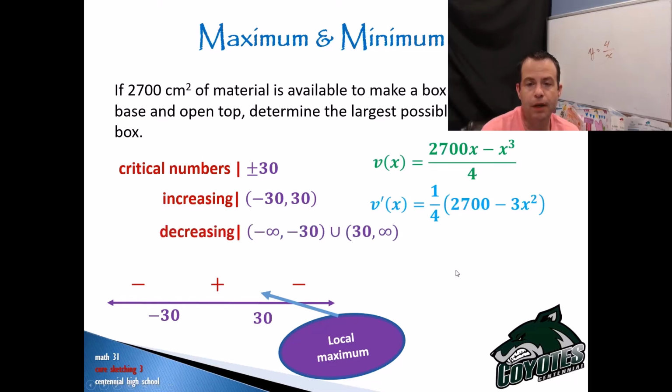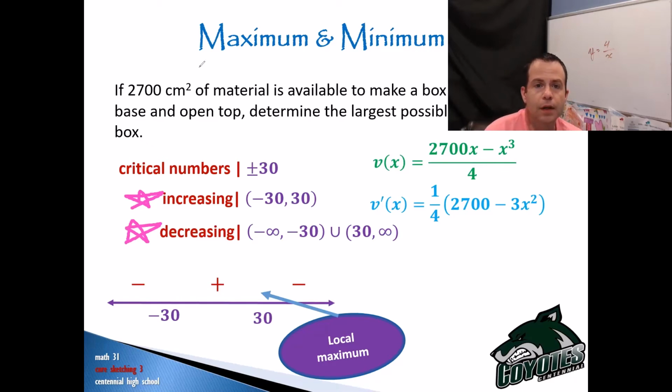Okay. Now, just for clarification, this increasing and decreasing comment does not take into account the fact that we're talking about a real life box, right? There are restrictions on the domain that we're not talking about right now. That's okay, because the maximum point we found, we know exists within the allowable domain, okay?